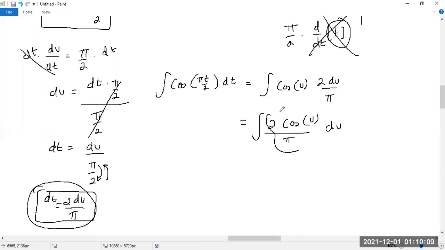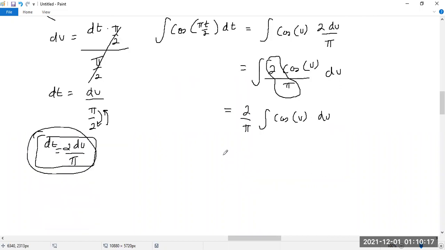We can pull this part out, it's a constant. So we'll say this is 2 over pi times the integral of cosine of u du, which is sine of u. So this is 2 sine of u over pi.